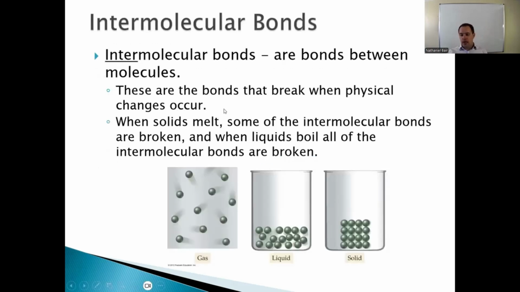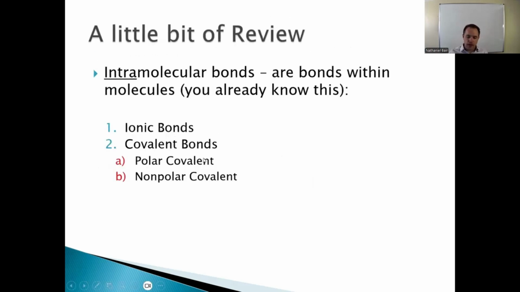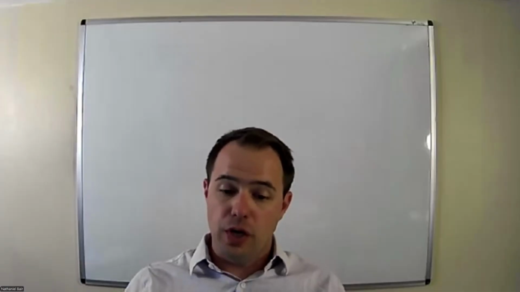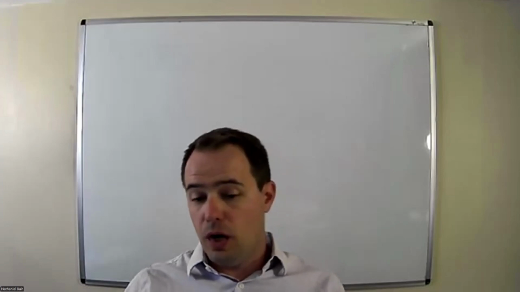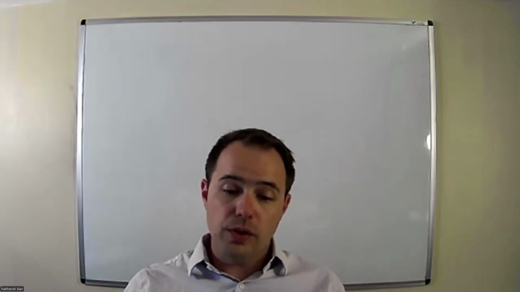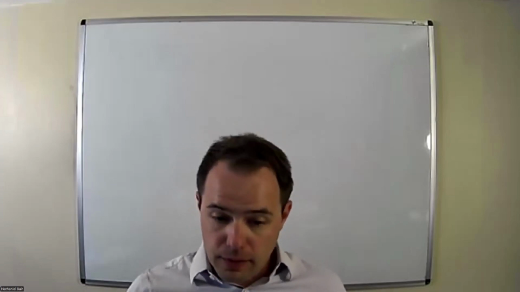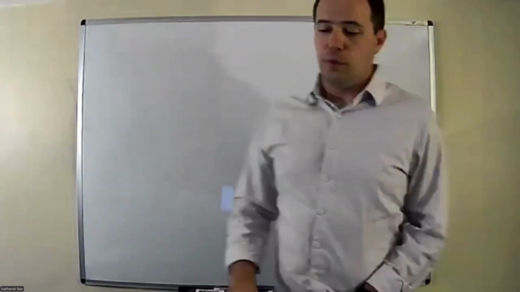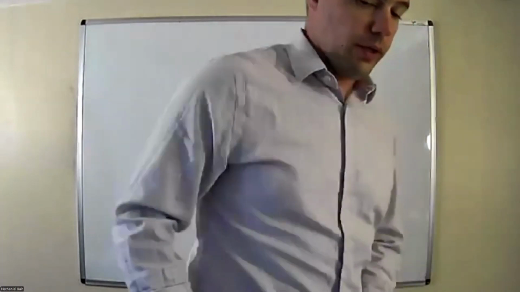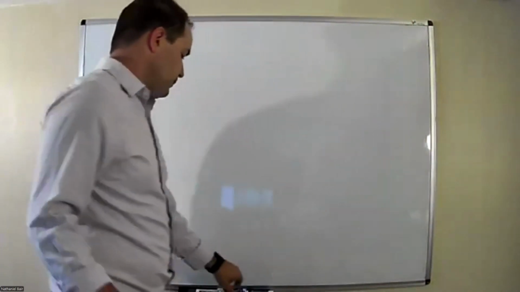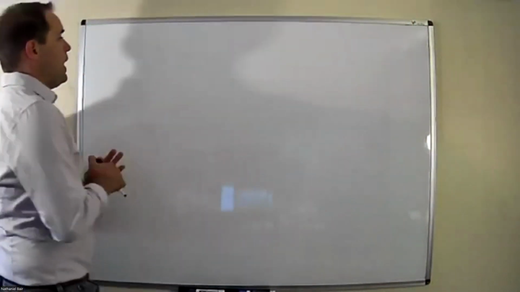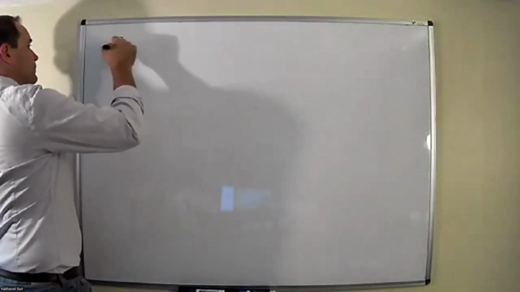How can we predict, well, first, let's back up. How can we predict if two nonmetals are going to share electrons equally or unequally? Well, what we can use is a table of electronegativities. So electronegativity is a scale that goes from, well, it really goes up to 4.0.